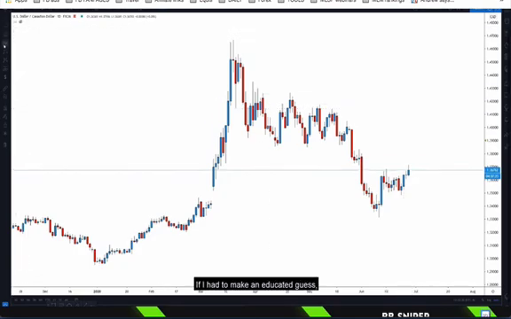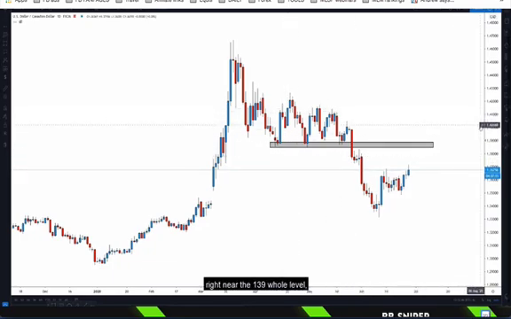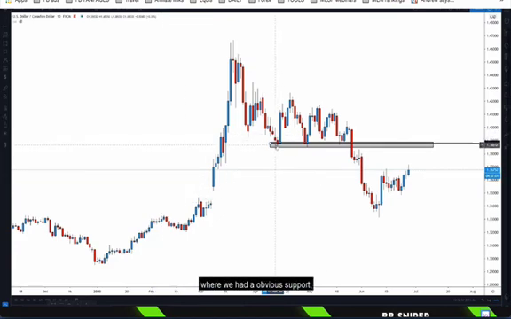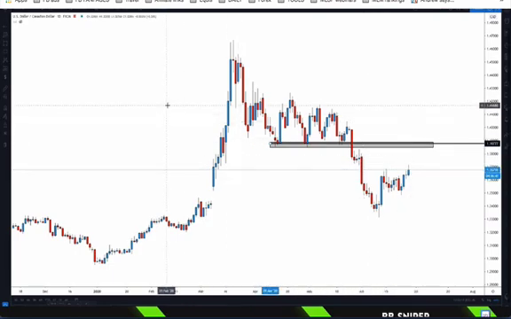If I had to make an educated guess, my first target right here, right near the 139 whole level, right near this significant structure, where we had an obvious support, an incredibly volatile market structure shift, and no opportunities for the market to trade back to it, at least as of this moment.